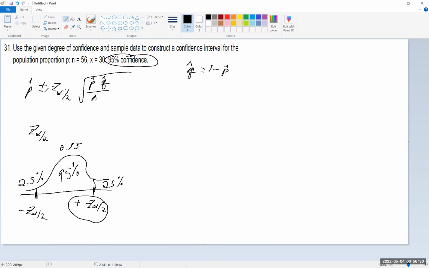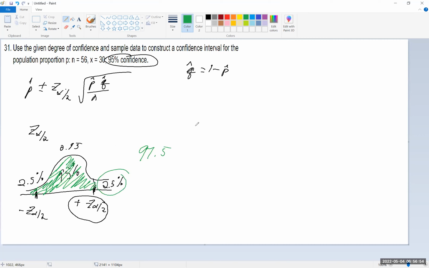But that means that if I look at this area over here, instead of thinking about the 95, we actually are looking at 97.5 because the other 2.5% is here.